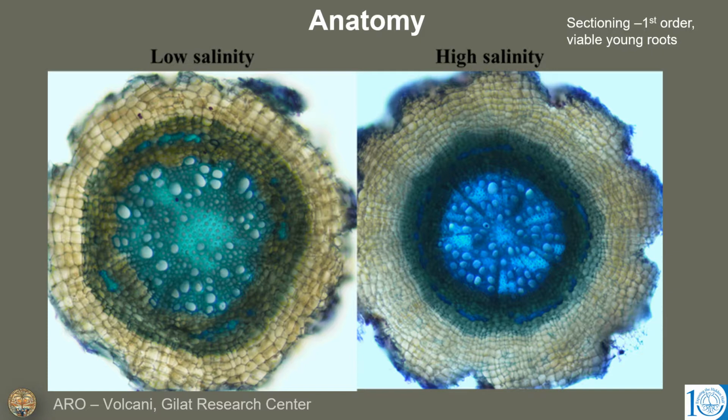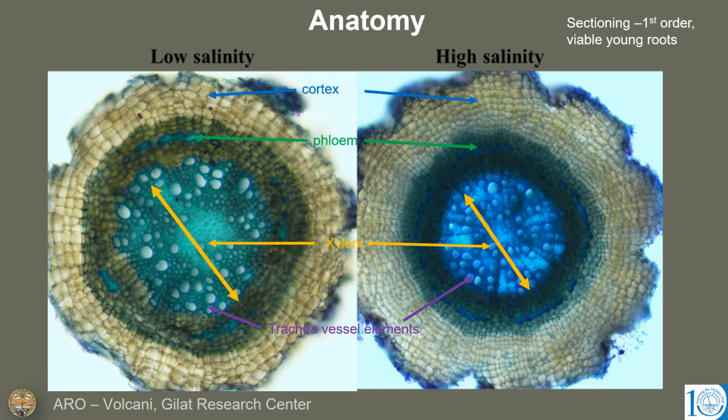But just to summarize: we see a decrease in the area of the tracheal vessels in the vascular cylinder as salinity increases. We see an increase in the cortex length, which is a function of the number of cells, not the size of cells. And we see a decrease in xylem vessel area, both vessel number and vessel size, as a function of increasing salinity.